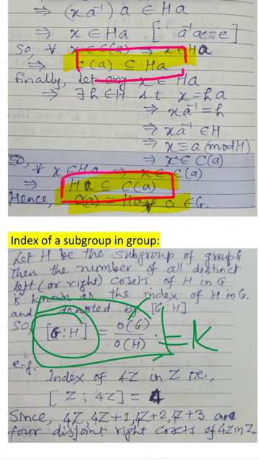Order of G by order of H is the index of H in G. This is the definition. हमारे सबसे पहले हमने एग्जाम्पल दिया था 4Z का. उसमें राइट कोसेट्स डिस्जॉइंट थे 4Z, 4Z + 1, 4Z + 2, 4Z + 3, जिनकी संख्या 4 है. इसका अर्थ ये हुआ कि 4Z का Z में इंडेक्स 4 है.